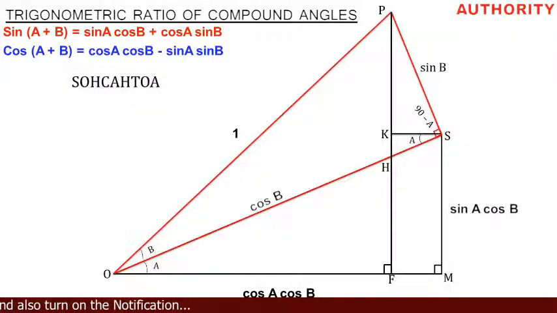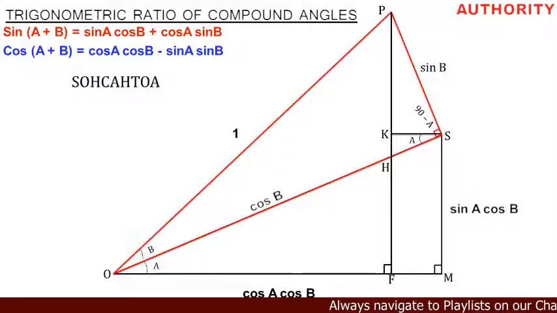In the line of OS, we have angle A. So we can simply say that this cut portion of the 90 degrees is an alternate angle to A. So this cut angle is A, because alternate angles are equal.